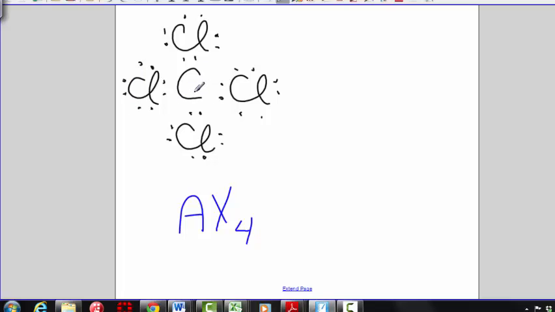They're not on the center atom. So CCl4 has the same shape as CH4. That's what I mean about patterns. Each individual molecule doesn't have its own shape in that sense. They are patterns of shapes. We can group them. They have a behavior based on their shape. It's not about what the individual atoms are.